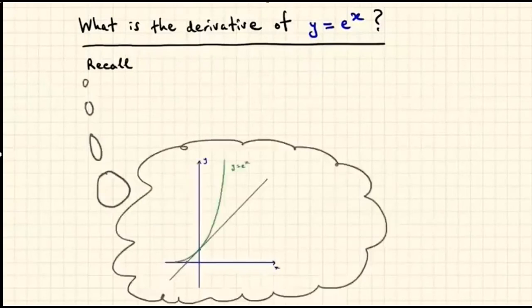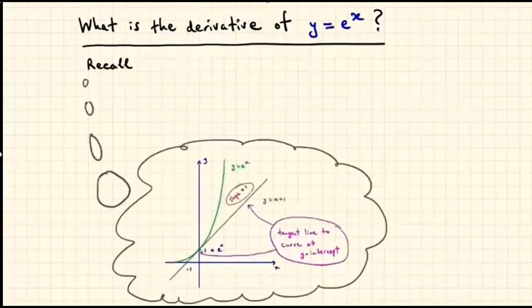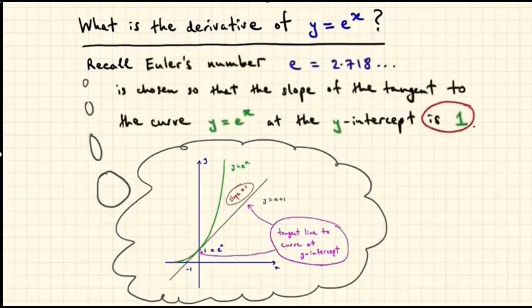The base is Euler's number e and is chosen deliberately so that this property holds. We want to transform this fact into a very specific limit.